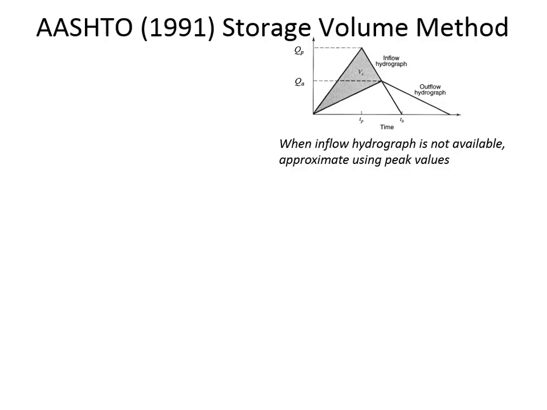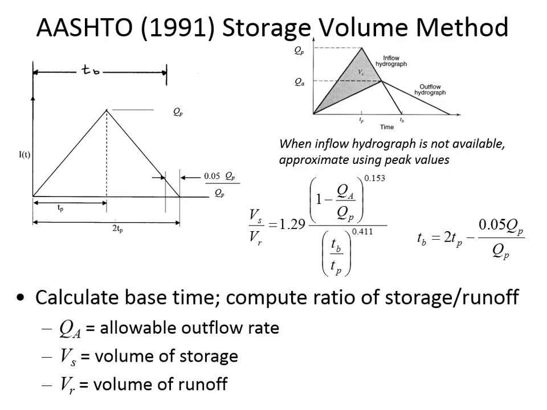You assume that the water goes from 0 and reaches the peak and then comes back down at some time called the base time. You have an outflow hydrograph that comes up in a triangular way up to the peak flow rate. This AASHTO approach is used when you don't have an inflow hydrograph for a pond.